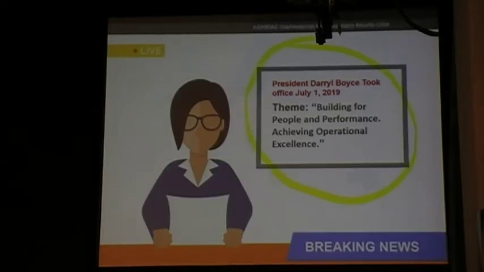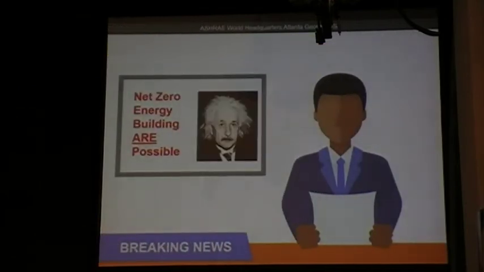What presidents do in their year is they have what they call a theme. That theme is what, in their presidency, they want to put a focus on for all members to pay attention to. And Daryl says his theme is building for people and performance, achieving operational excellence, which of course helps us out a lot when it has to do with energy audits, energy conservation, and things like that.